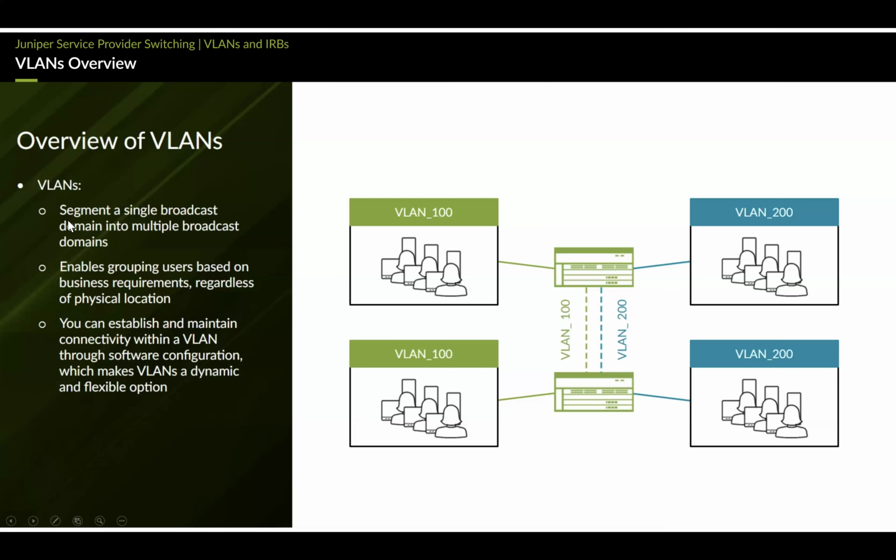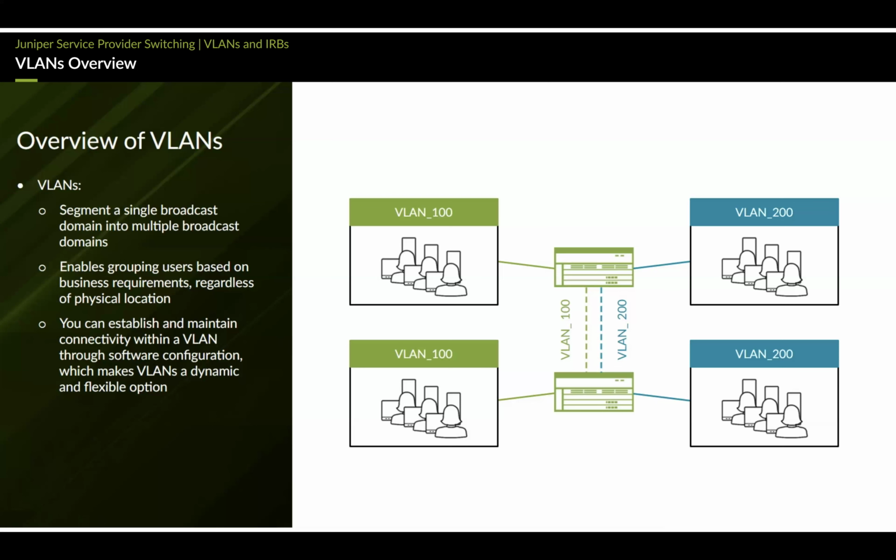So what is the overview of VLAN? Number one, segment a single broadcast domain into multiple broadcast domains. This is one reason. Another reason is to enable grouping users based on business requirements regardless of physical location. You can consider one enterprise network.